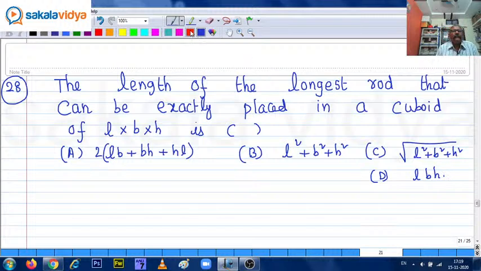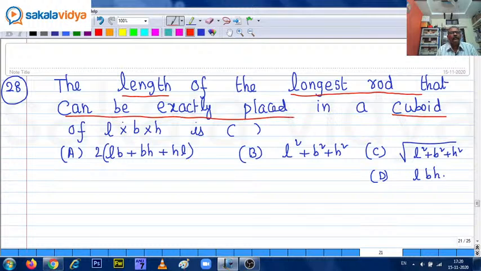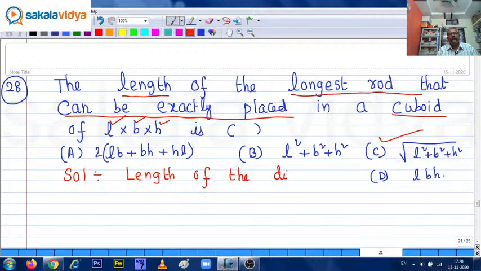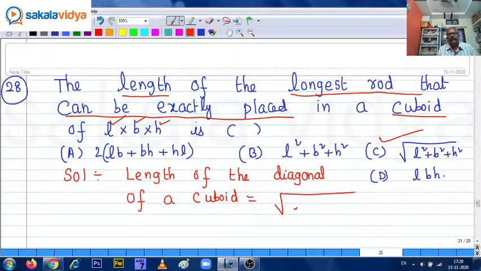See, very important problem this is. Formula you remember: the length of the longest rod that can be exactly placed in a cuboid whose length is L, breadth is B, height is H is given by the formula C. So therefore you remember, the length of the diagonal of a cuboid is equal to root of L square plus B square plus H square.